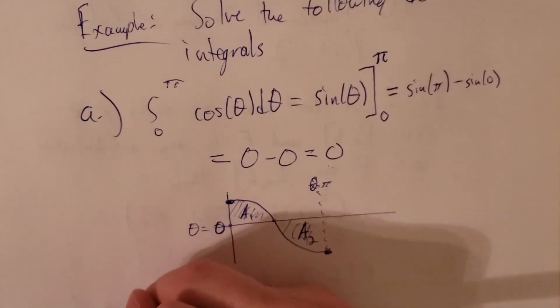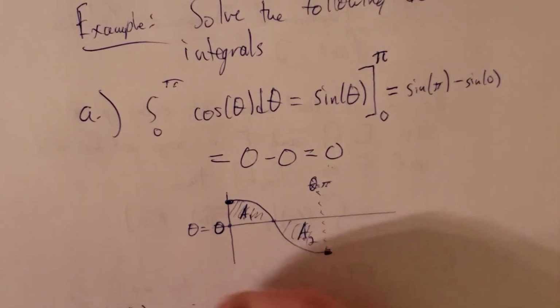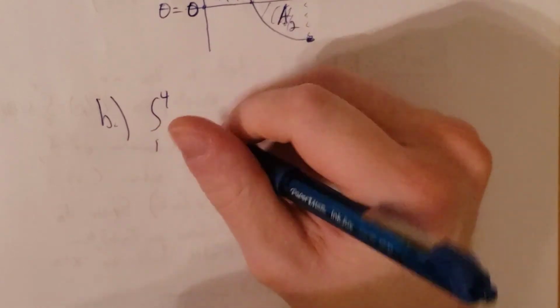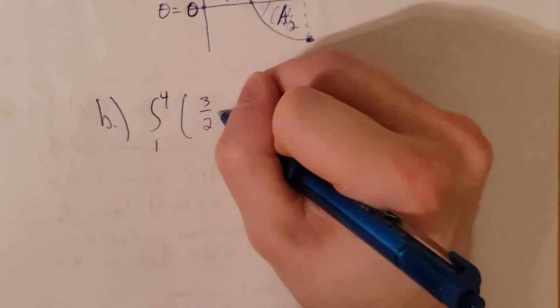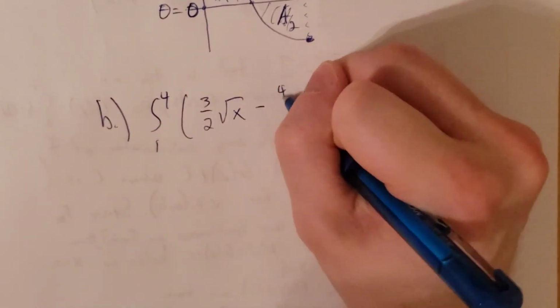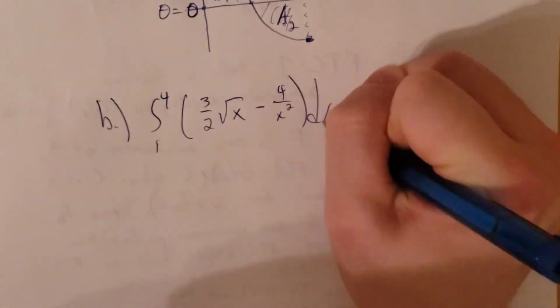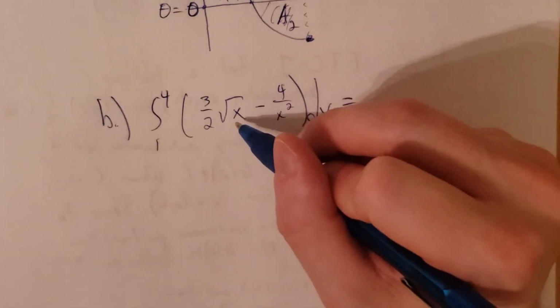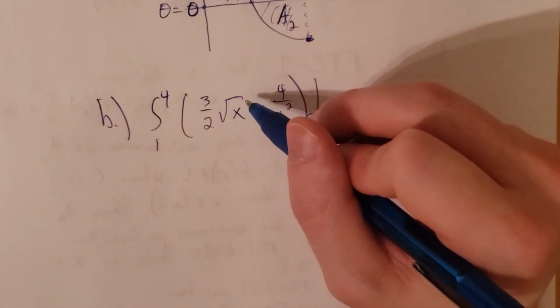Okay, let's do one more example here. Let's find the integral from 1 to 4 of the function 3/2 root x minus 4 over x squared dx. So what we need to do is find an antiderivative of this. All right? So this is x to the 1/2.